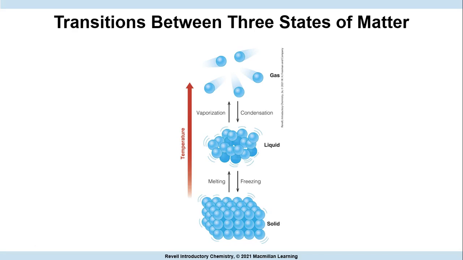Now let's see how we can transition from one state of matter to the other. And what do we call that change of state? Looking at this picture, we have a solid, a liquid, and a gas. There is a way that you can move from a solid to a liquid and then to a gas.